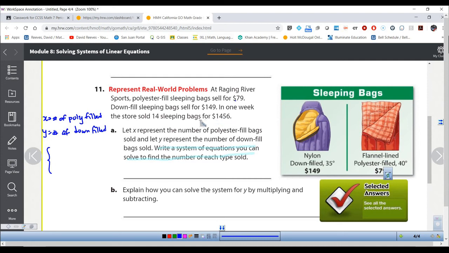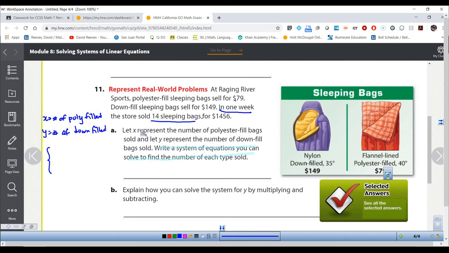This is going to be a little different because they didn't give us this many plus this many equals this total, and this many plus this many equals this total. The previous three problems we set up were all basically the same way. But what does it say right here? In 1 week, the store sold 14 sleeping bags.